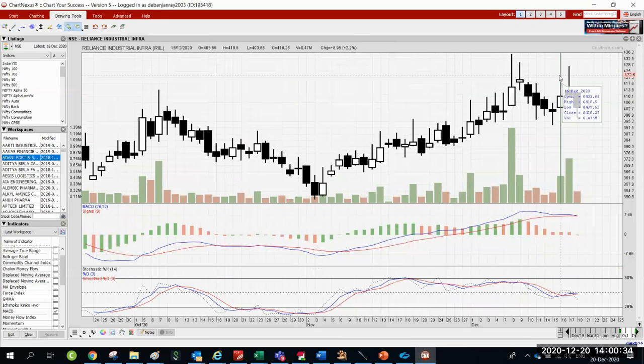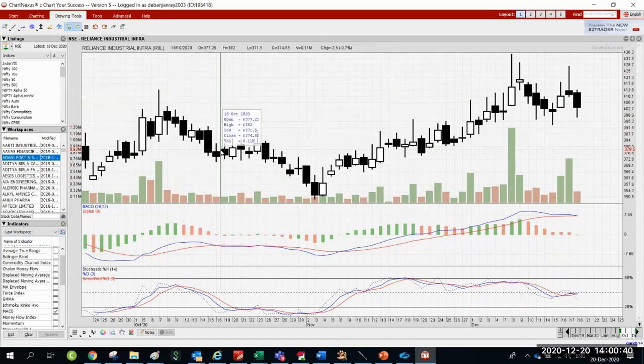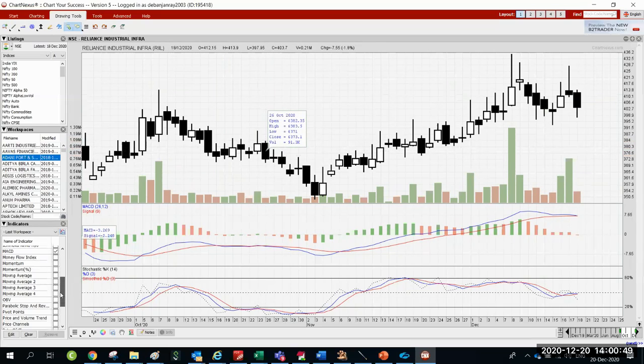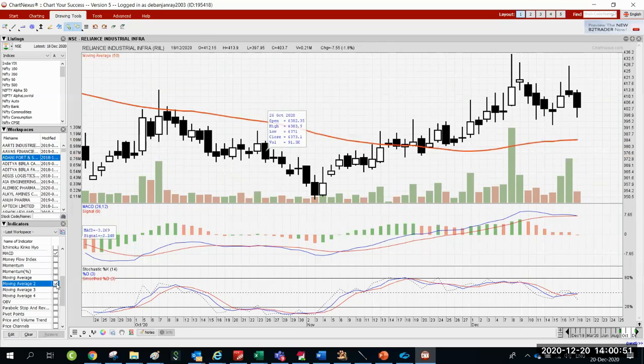Reliance Industries. 26th October, correct? We'll put here. Now we'll put the moving average, this one.